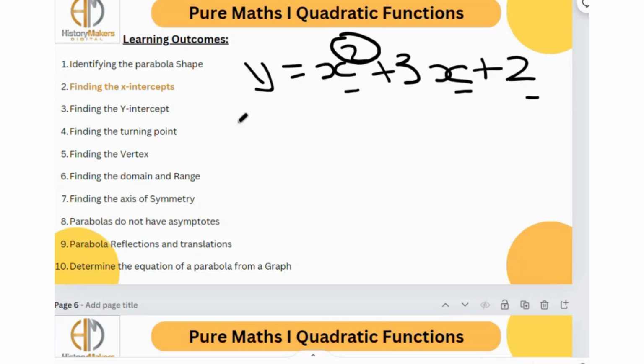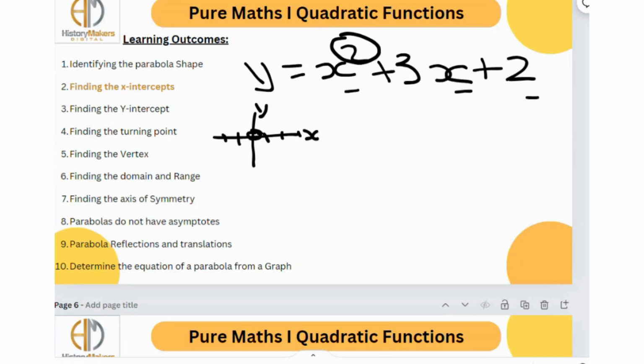Now, the next step: if you look at your graph, any time they say x-intercept, the x-intercept is represented by this horizontal line, which crosses the y-axis. This is y, this is x. The x-intercept is where the graph meets the x-axis, where y is 0.